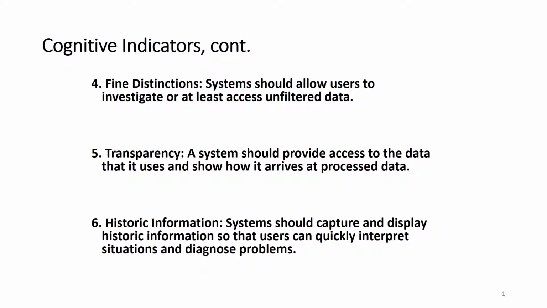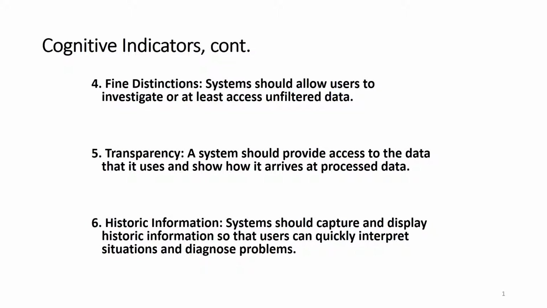A good example might be your GPS system. The GPS provides you with a route based off of data it's collected and analyzed to tell you the best way to go, right? Well, find distinctions says that that's all well and good, but you should provide the operator with access to the unfiltered data so that they know what information the system was working with before it was processed.